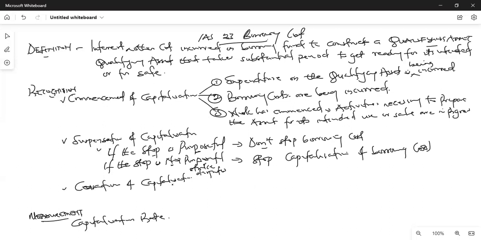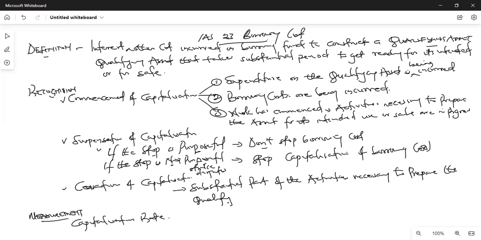We cease capitalization also when substantial part of the activities necessary to prepare the qualifying asset for its use or sale are complete.